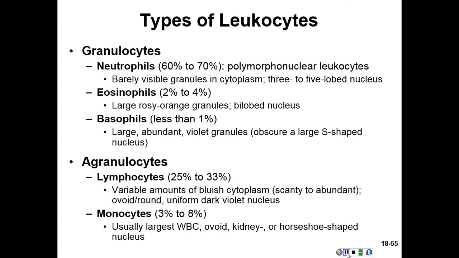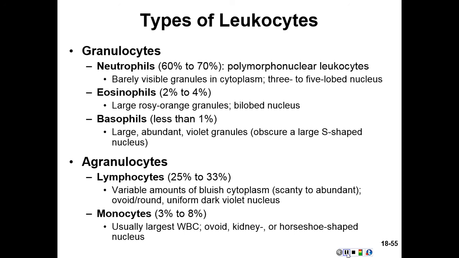in our body. Alright, neutrophils make up 60 to 70%, visible in the cytoplasm, with 3 to 5 lobes in the nucleus. Eosinophils, again, are mainly for allergic types of reactions. They have a bilobed nucleus and make up 2 to 4%. Basophils are for the reaction that increases the diameter of blood vessels.